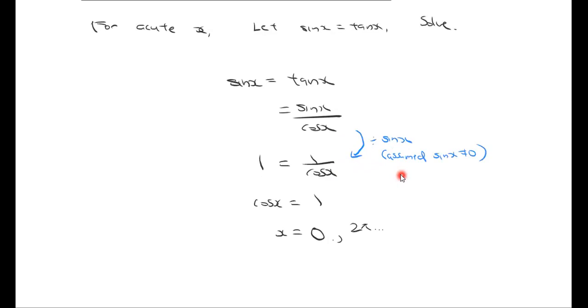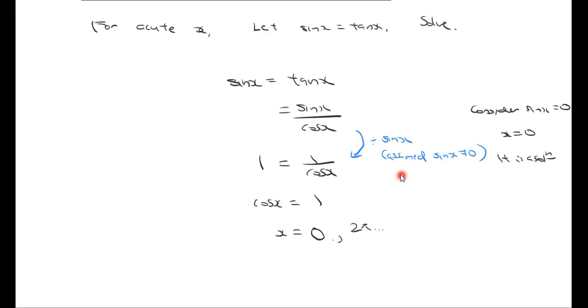Now, which means if you do it your way, you've made an assumption that sin x is not equal to 0, but can sin x equal 0? Yes. All right. Now, I don't think it will make a difference for this question, but I'm talking about your technique here. If you consider sin x equal to 0, well, x equals 0 is true, so therefore it is a solution.